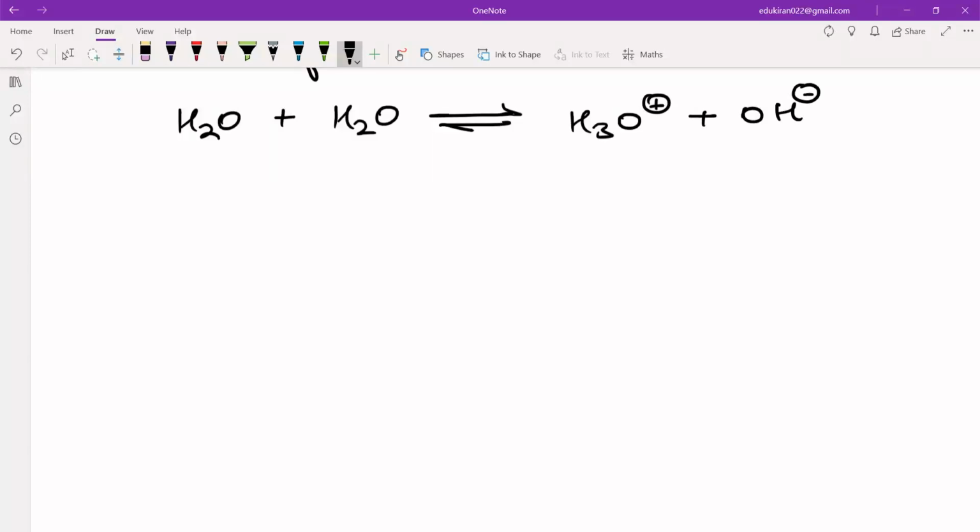From this I can say that since we are getting 1 mole of H3O positive and 1 mole of OH negative, there will be equimolar concentration. H3O positive and OH negative will be present in the same amount. Yes or no? Tell me.